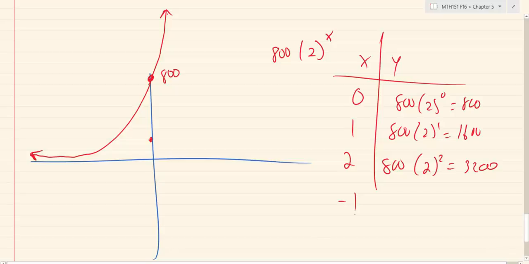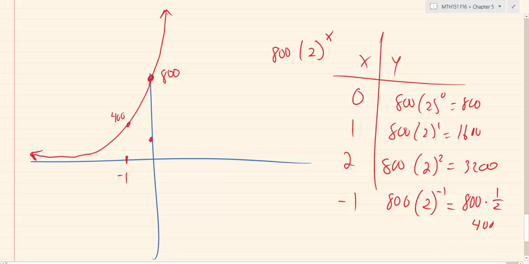Negative 1 is 800 times 2 to the negative 1, which is 800 times 1/2, which is 400.